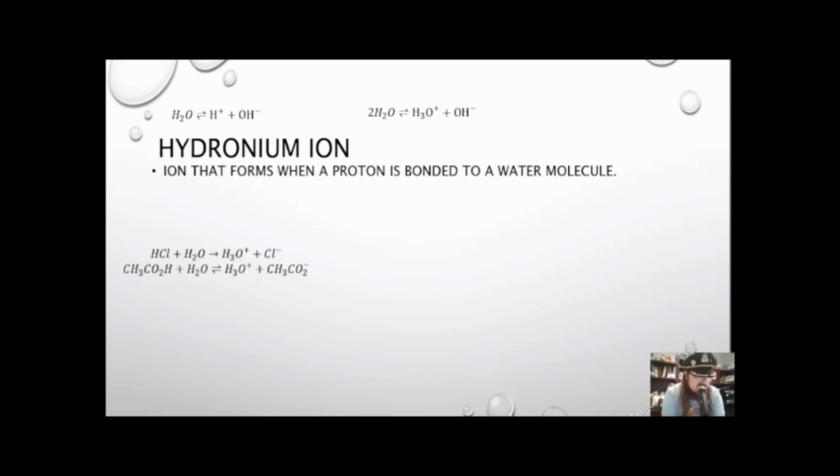Water will naturally split apart into H plus and OH minus. Now, H plus and OH minus are not the best way to look at this. We're actually going to look at this as hydronium ion rather than H plus. What we should be looking at is H3O plus. Hydronium is the ion that forms when a proton is bonded to a water molecule.